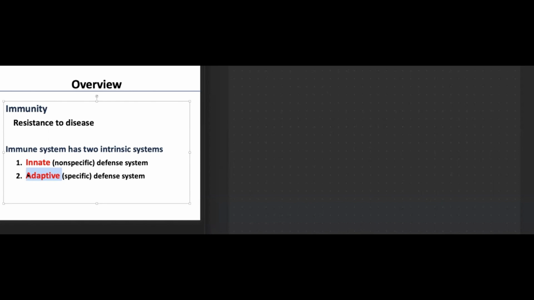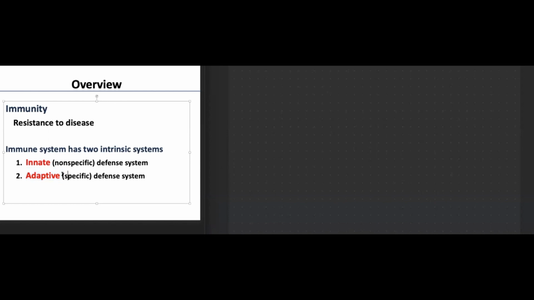For example, infections like mumps, measles, rubella. The MMR vaccine, for example, gives you a targeted immunity. So your immune system recognizes just measles, just mumps, just rubella, and so on. So it's going to be much more specific.